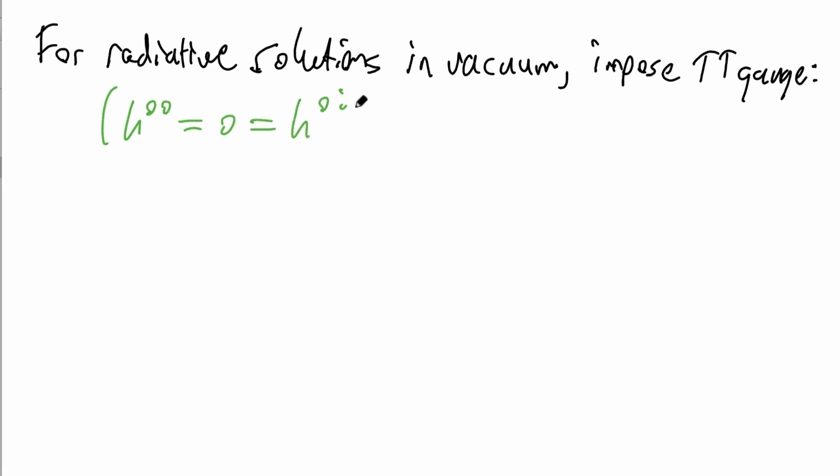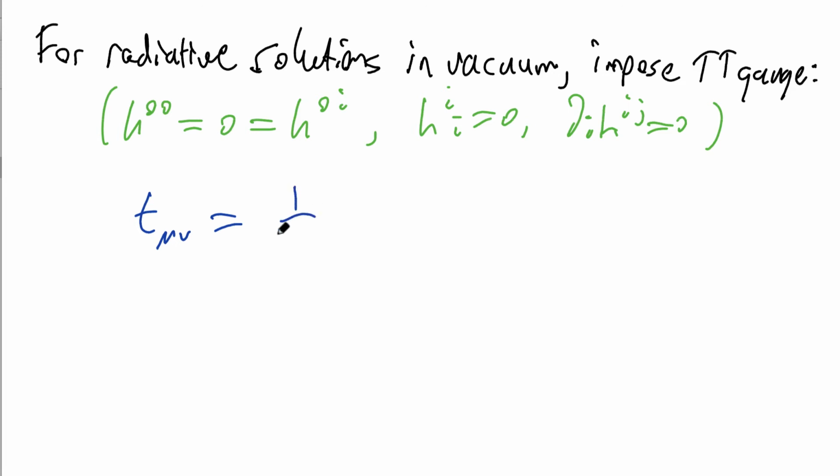Here the index i ranges over 1, 2, 3, or x y z. Also, the metric perturbation is trace-free and transverse. In this gauge, the stress energy momentum tensor for the gravitational waves is 1 over 32 pi times the average of partial mu h_ij partial nu h_ij.